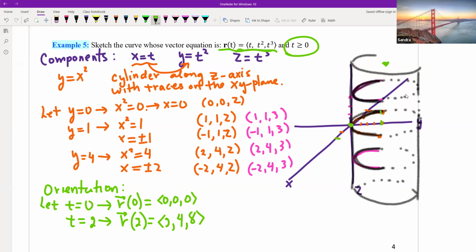Let's just say this is 8 over here. We did say this was 1. This is 2. This is 3. Let's go ahead and go with 4 and 5 and 6 and 7 and 8. And I'm going to erase this. But that point will be one of these ones. Yes, it will be one of these points. Actually, it's the one on the front. It will be one of these ones right here.